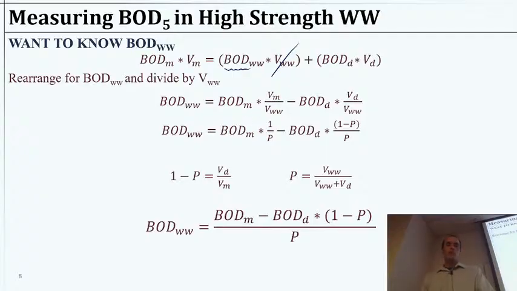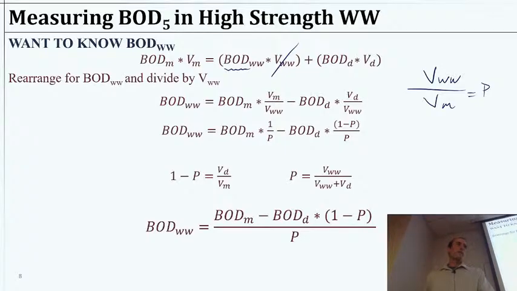So just recognize that V wastewater over V of the mixture is P. So the V mixture over the V wastewater is 1 over P. So this becomes 1 over P. And then on the side over here, it's not quite as clear, but if you do the math, this will work out such that VD over V wastewater can also be described in the form of P. That would be 1 minus P over P. Okay? That will simplify accordingly.